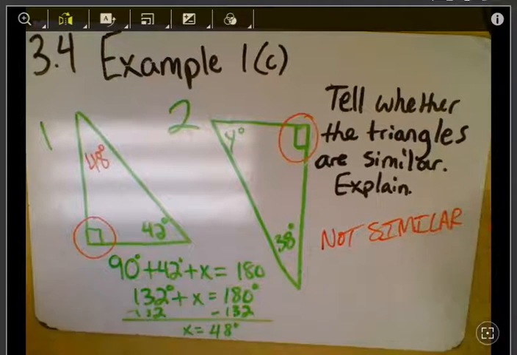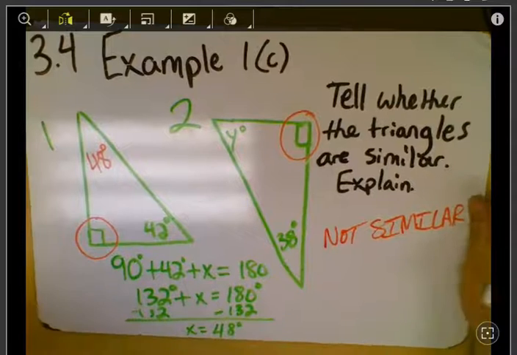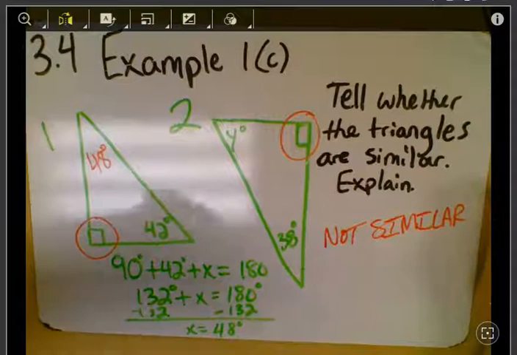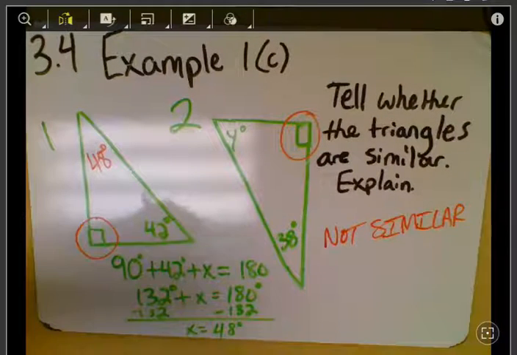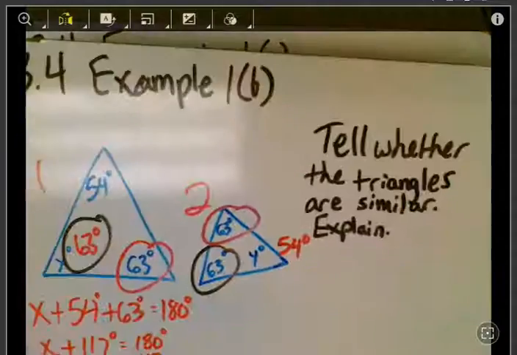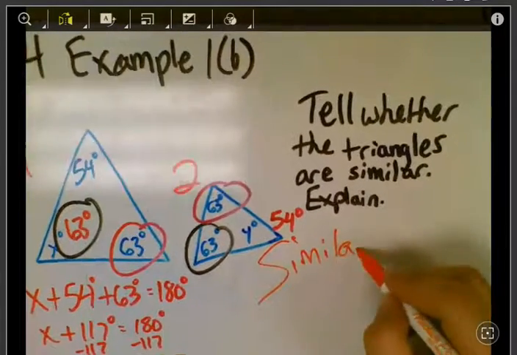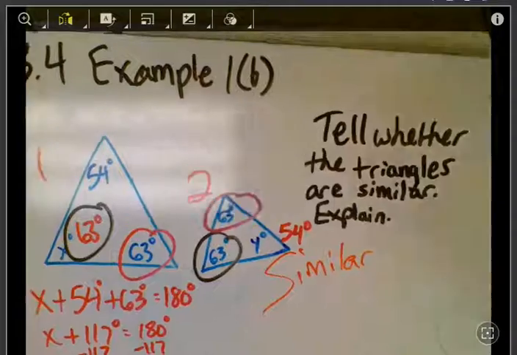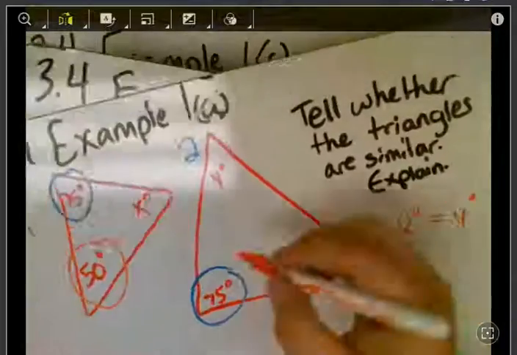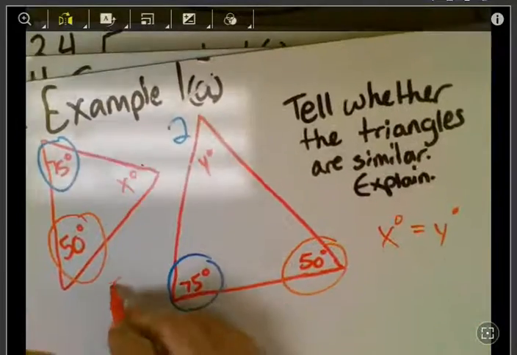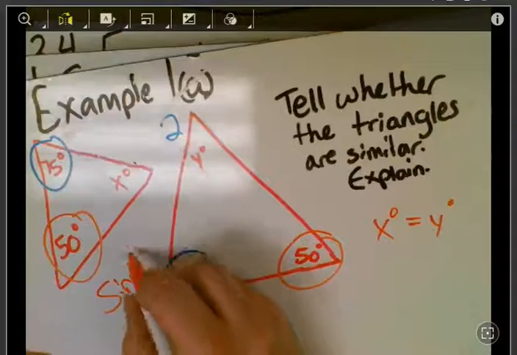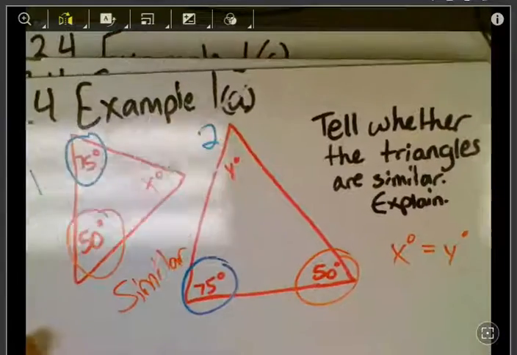Whereas example A and example B for 1, those two were similar. So B, similar. And that is because they had two pairs of congruent angles. Let's write it on here, just to make it clear what the answers were.